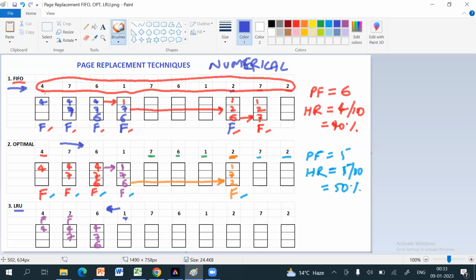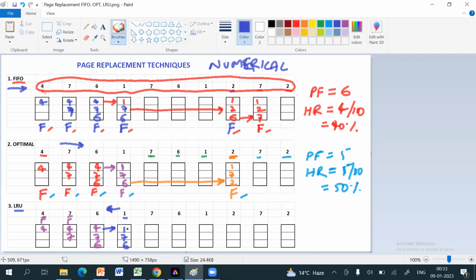From 1, going to the left, just take a look at which are the pages in the near past, and whichever is to the farthest end will be replaced. So to 1, 6 is the nearest, 7 is the next nearest, but 4 is to the farthest left. So obviously 4 will be replaced with 1.